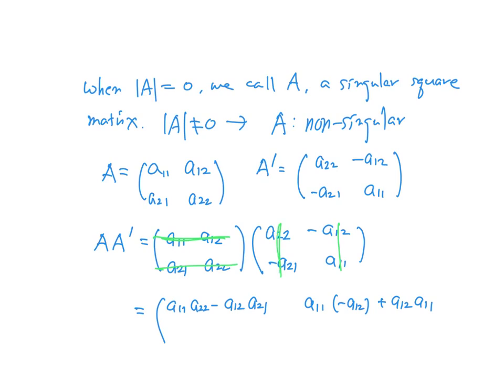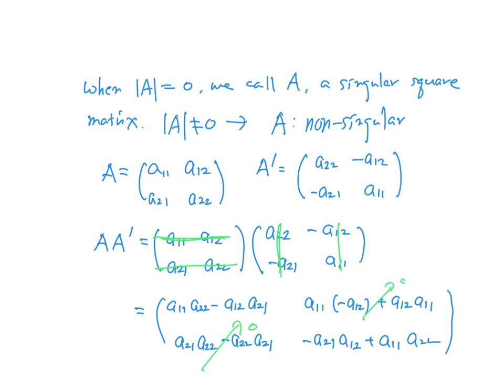This, A21, A22 minus A22, A21. And last, A21, A12 plus A11, A22. So obviously, this is 0, right?